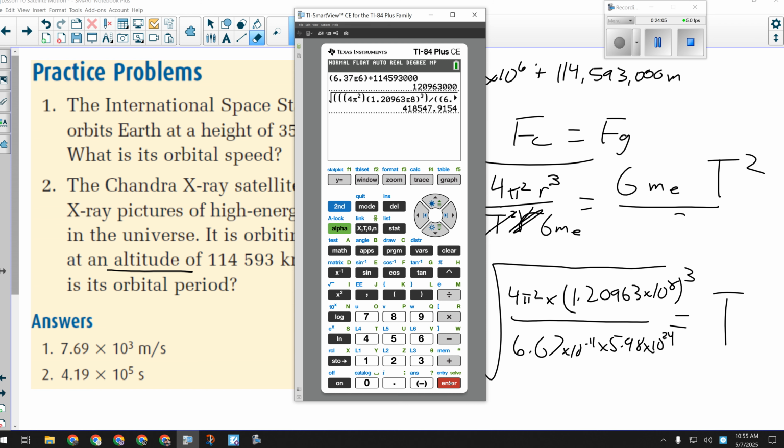So we're looking at 4.19 times 10 to the 5 seconds, which is exactly what they got.